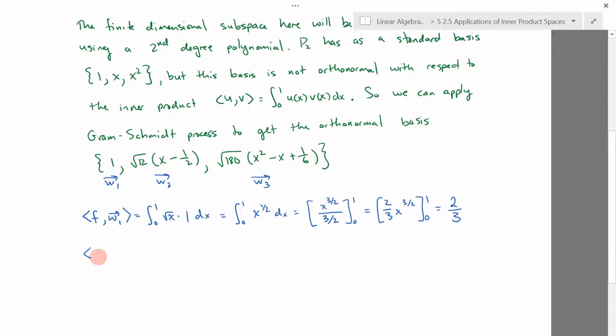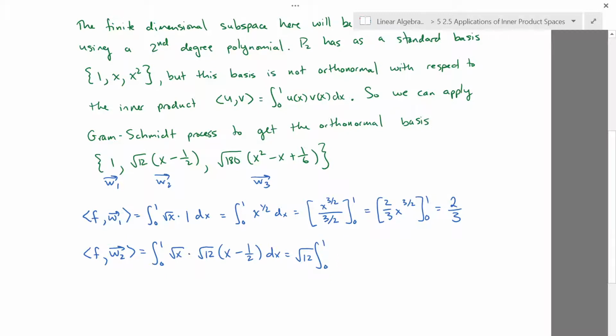Okay, so now we have to take the inner product of f against W2. So again, the integral from 0 to 1, f is the square root of x, times W2, which is this function here, square root of 12 times (x minus 1/2) dx. Square root of 12 is just a constant, so I can pull that out of the integral.